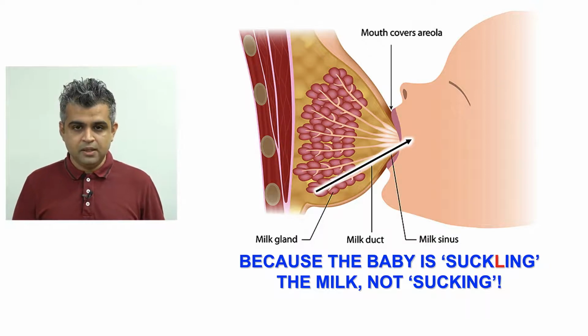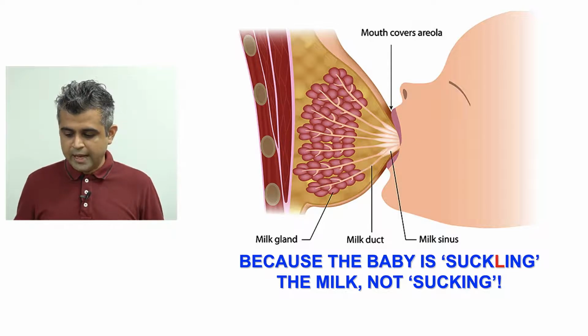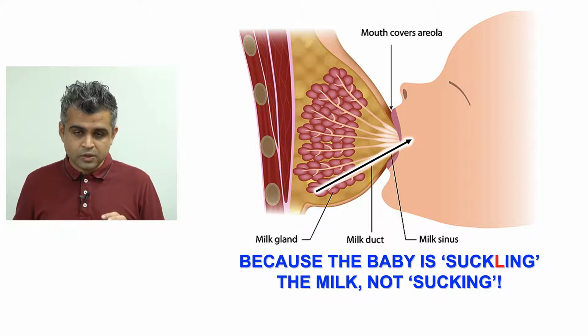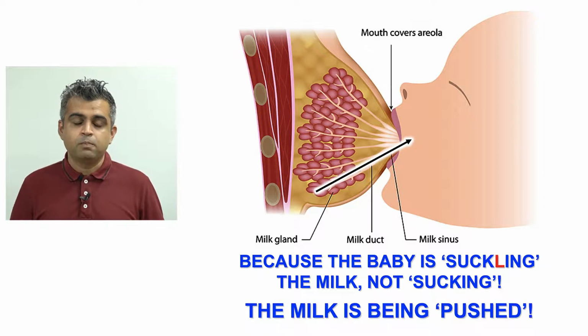So if the baby is not sucking the milk, then the question is, how is the milk going in this direction from the lower lobes into the baby's mouth? How is this happening? The answer is that the milk has to be pushed. The milk is being pushed.